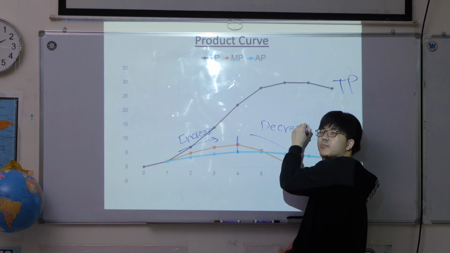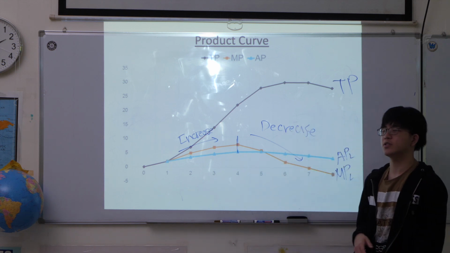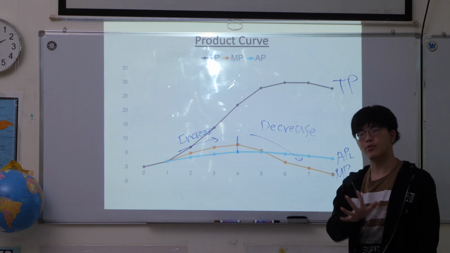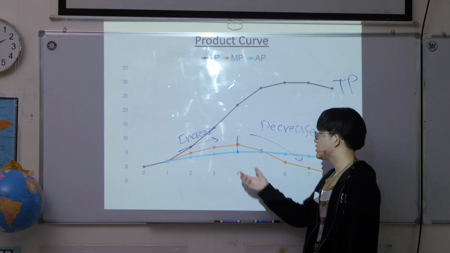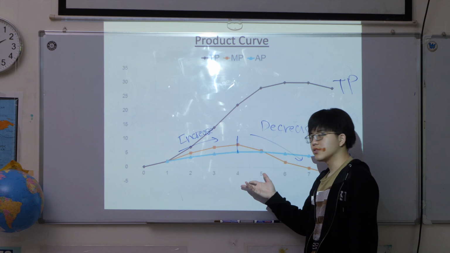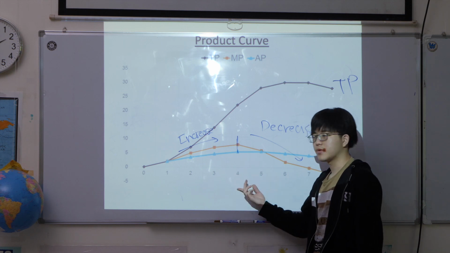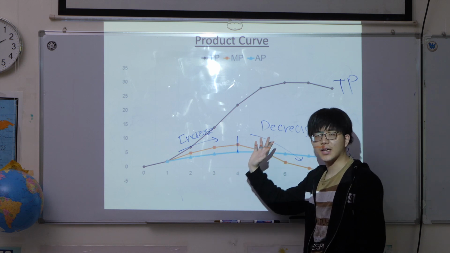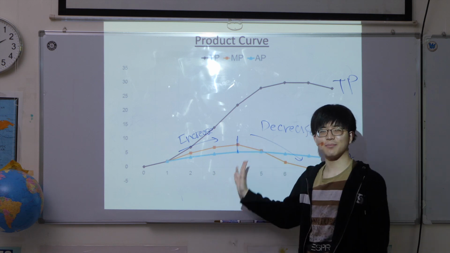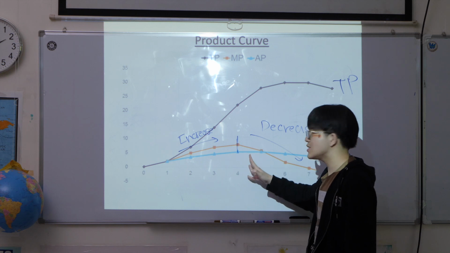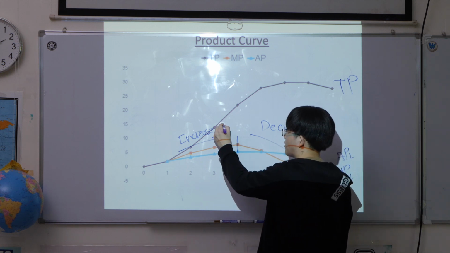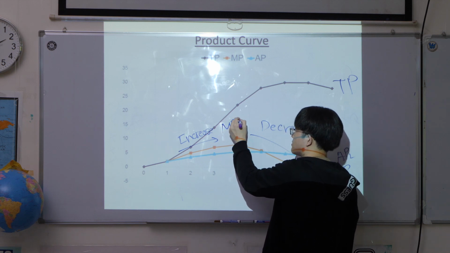So this is quite an important feature you guys should understand. Actually memorize. At the fourth labor, the total product is at maximum, and the marginal product is at maximum, right? And this is actually quite important because at this point, marginal product of labor is maximized.